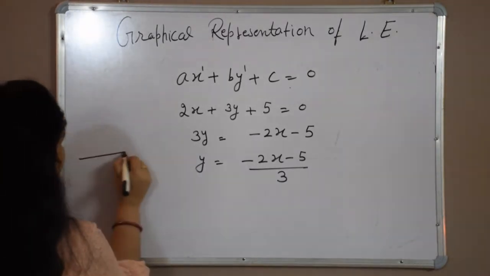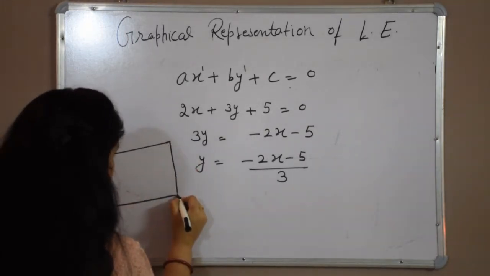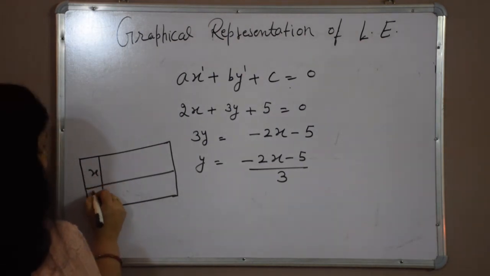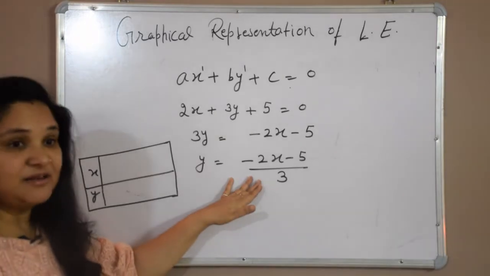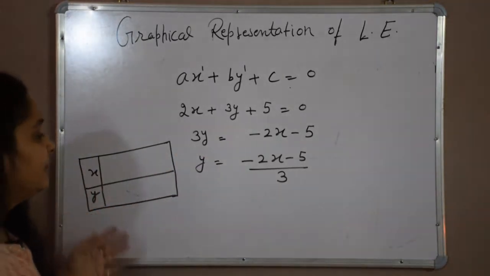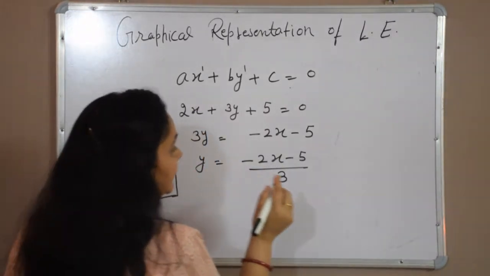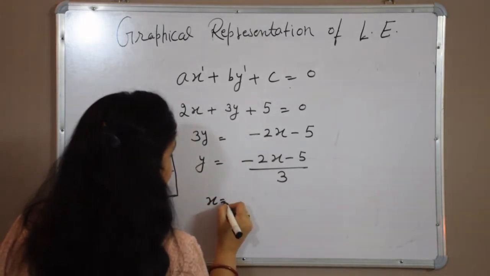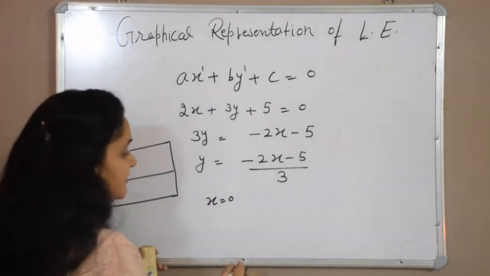I am making a small table for that, and here I am writing x, y. I will choose x myself, and accordingly I will find y. Suppose first of all I am taking x is equal to 0, and I will put the value x is equal to 0 in this equation.